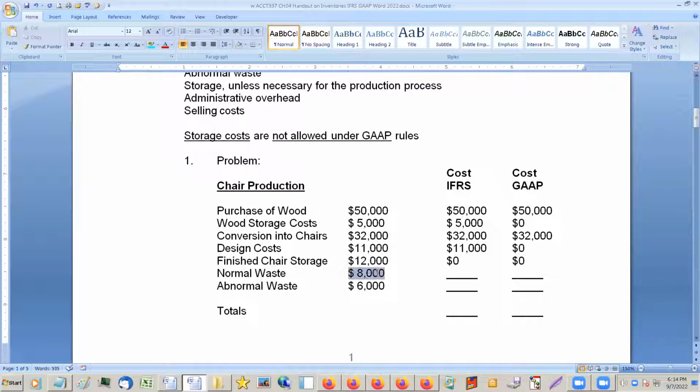Normal waste. We actually agree with each other on this one. And abnormal waste. And just so you know, for instance, you're making a chair. You get a piece of wood. Sometimes you can't use a piece of wood. It's got a flaw in the middle or whatever.